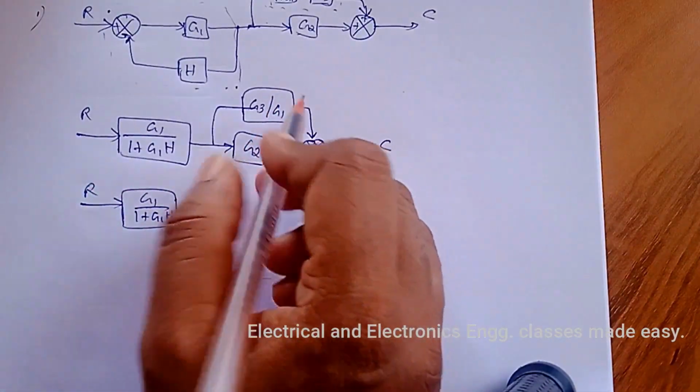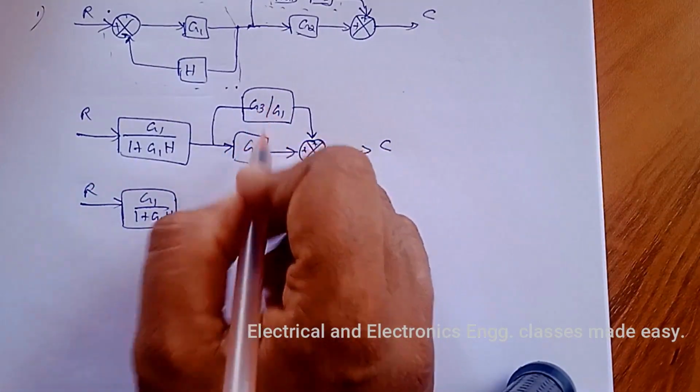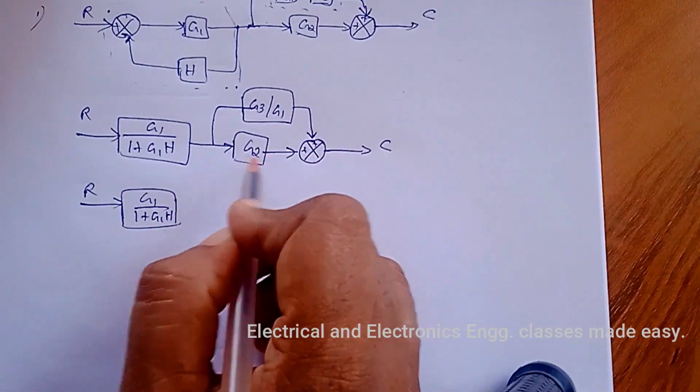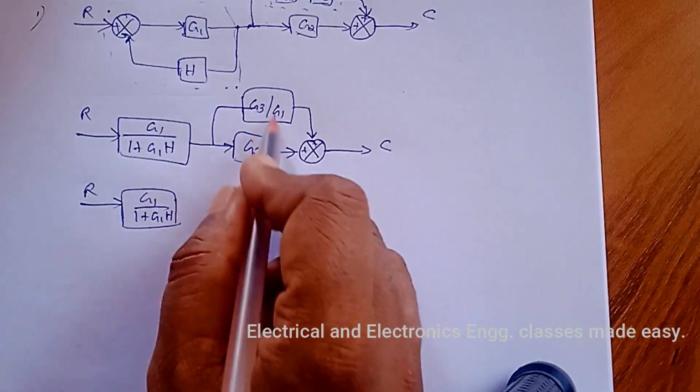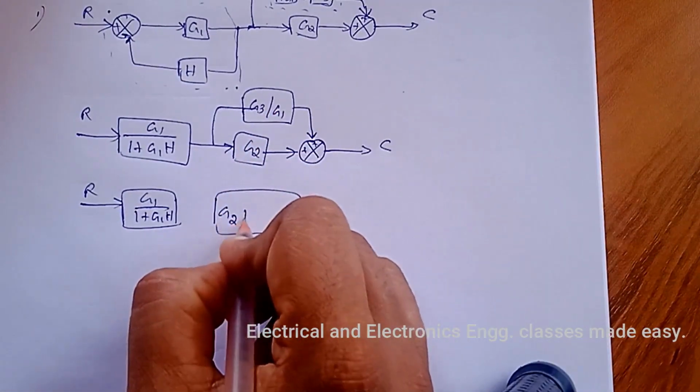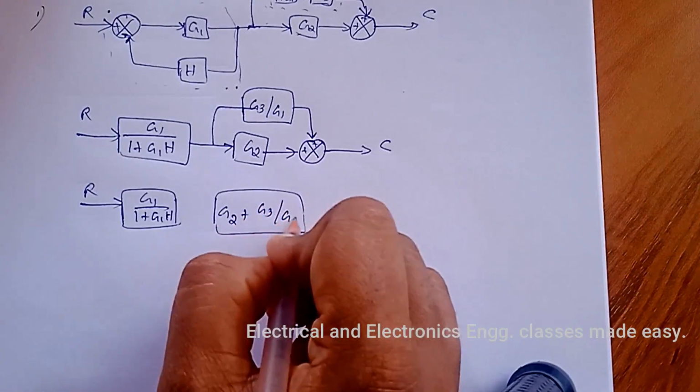Then by combining these two parallel blocks means we can add these two transfer functions, that is G2 plus G3 divided by G1.